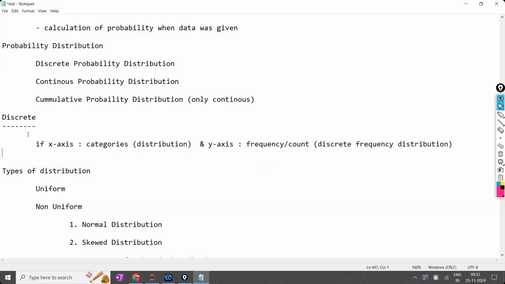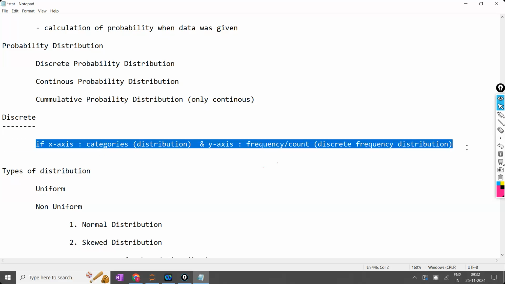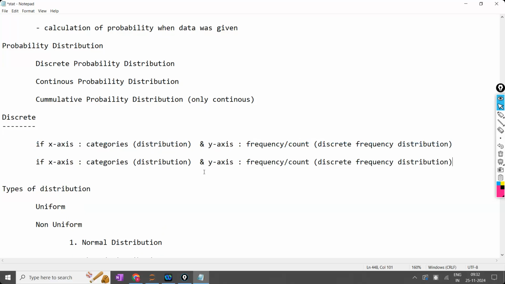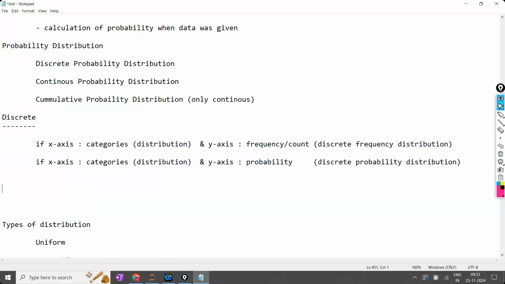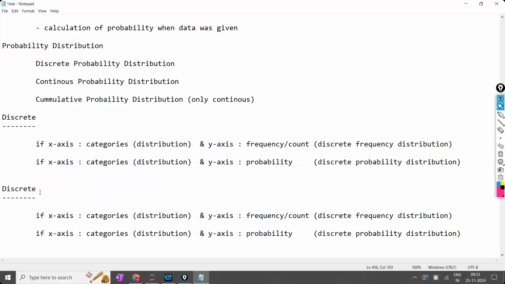Now the same thing: if the x-axis is category and the y-axis is probability, it is called a discrete probability distribution. Now the same way for continuous.